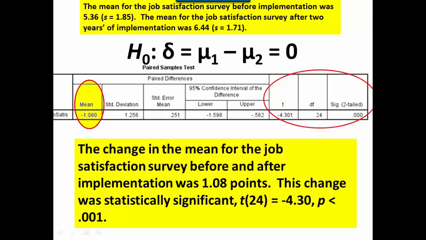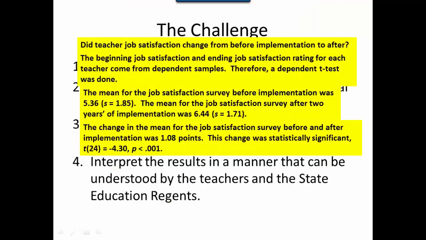The average after implementation was higher than the average before implementation. So the difference is a negative number when I take sample 1 minus sample 2. But that would not make any sense to report. The change was, in absolute value, a change of 1.08 points. So I report it that way as an absolute value of the difference in the means.